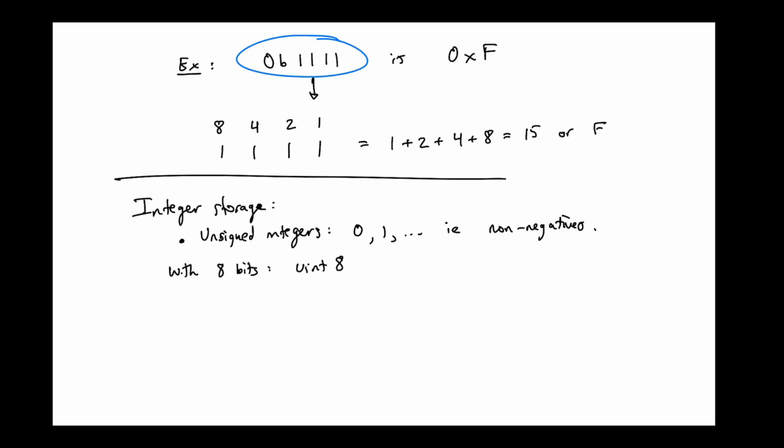That's the object type that we have. So what's the range of numbers we could encode with this? How many things can we encode with 8 bits? How many different patterns are there?